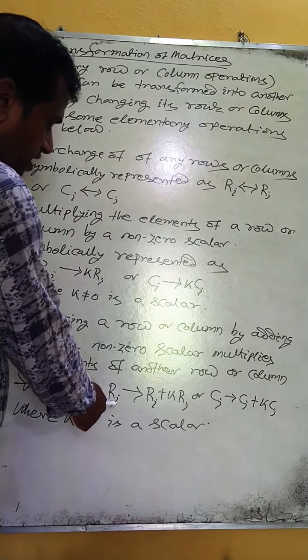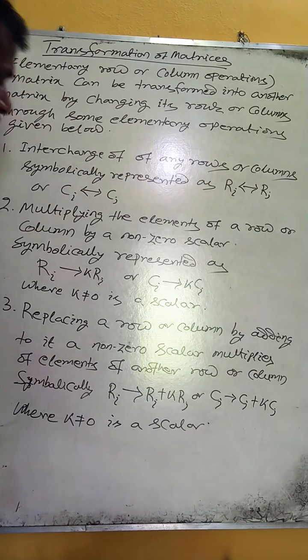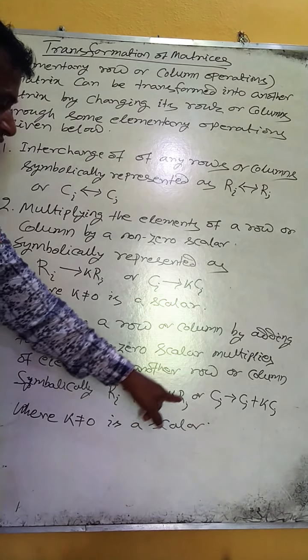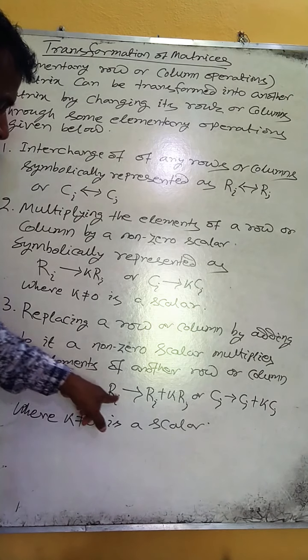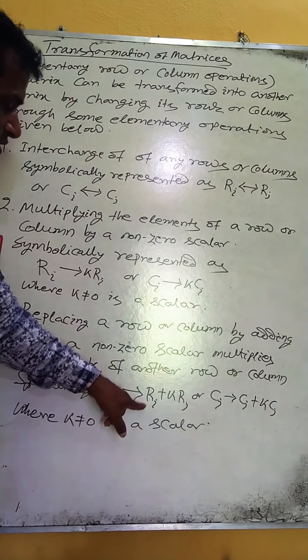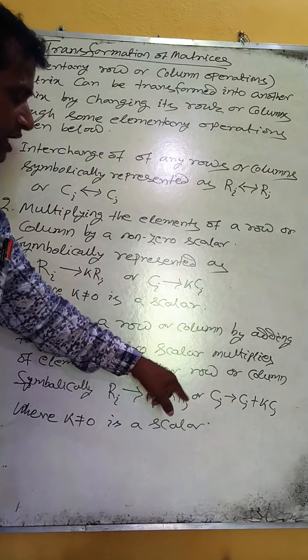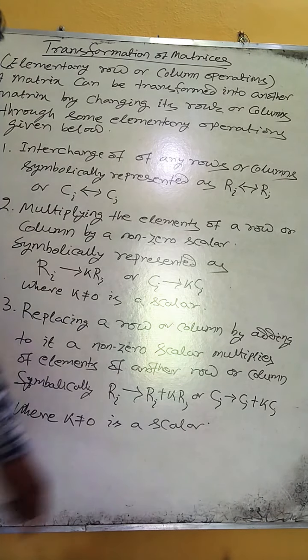Symbolically, we write Ri becomes Ri plus kRj. If we write the first row, then R1 becomes R1 plus kR2, etc.